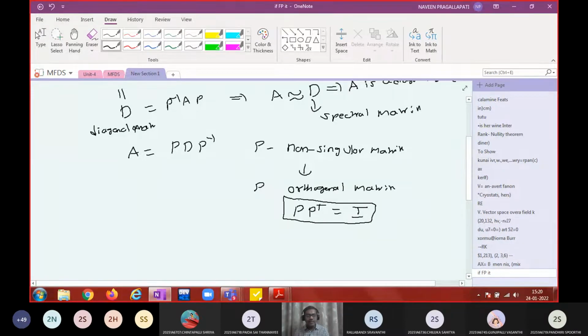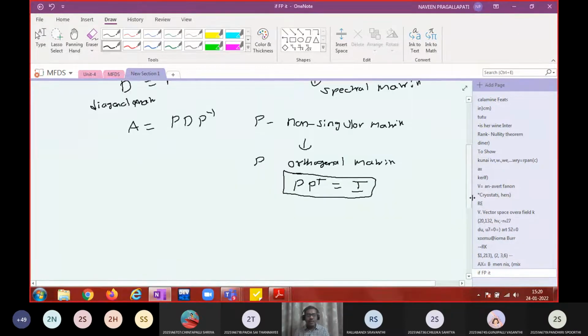Do you remember this? Do you agree with this point? Yes, sir. Okay. If it is an orthogonal matrix, what is the inverse of P? For an orthogonal matrix, what is P inverse?